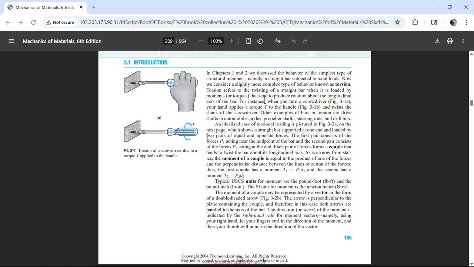So that's the simplistic case, and now we're getting into torques, which are loaded by moments that tend to produce rotation about the longitudinal axis. So torques produce rotations. We're probably going to be doing problems where, say, this screw is stuck and it's not moving, but we're applying a torque. Well, we have to have something to resist that torque.